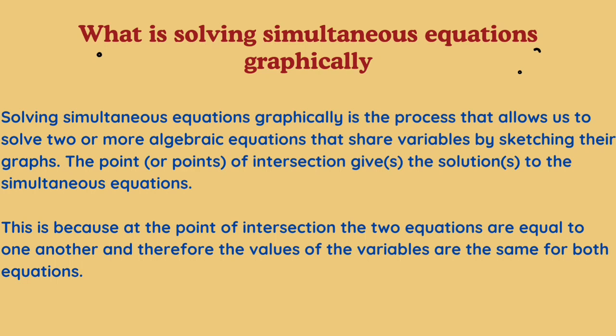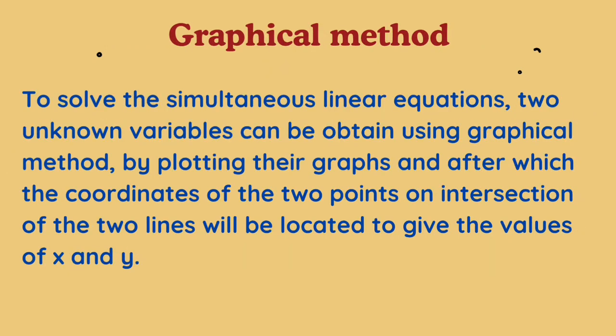This is because at the point of intersection the two equations are equal to one another, and therefore the values of the variables are the same for both equations. So to solve simultaneous linear equations with two unknown variables using the graphical method, we plot their graphs, after which the coordinates of the point of intersection of the two lines are located to give the values of x and y.